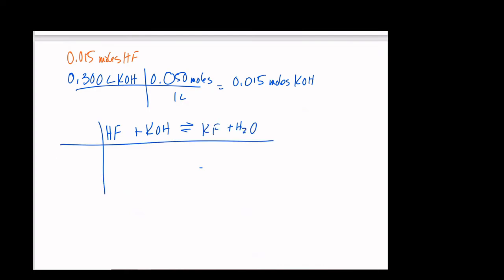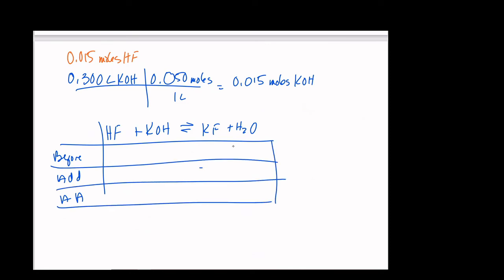And now we need a before, an addition, and after addition problem. So we need to calculate how much we have left after our addition. Okay, so we're starting with 0.015 moles of HF, and here we have moles. We're adding 0.015 moles of KOH. Because they react in a 1-to-1 ratio, this is a strong base.